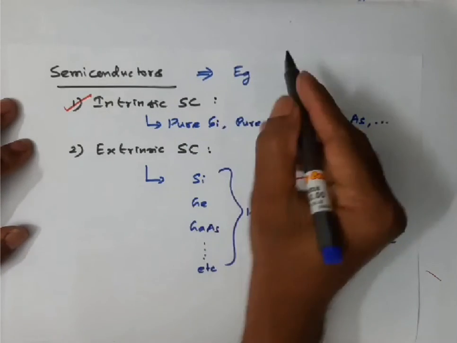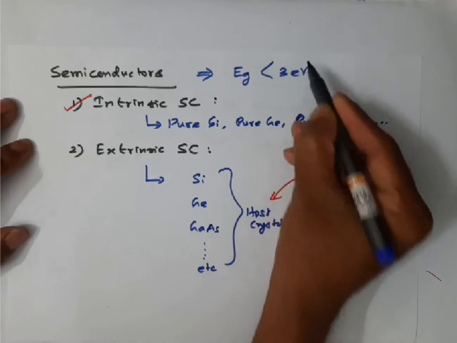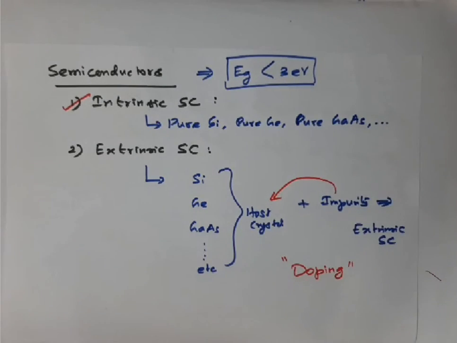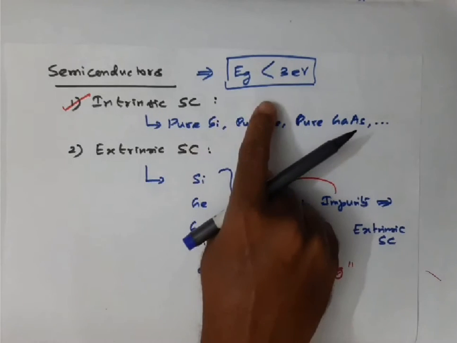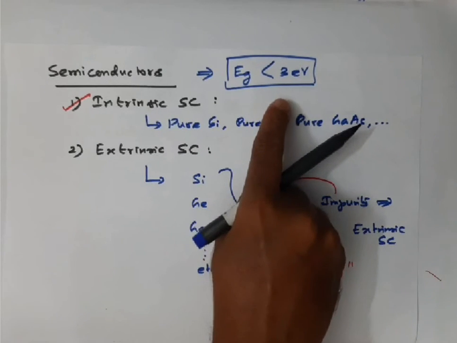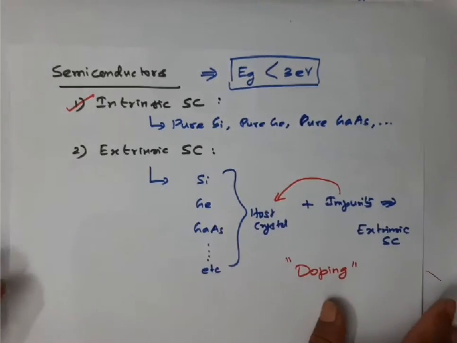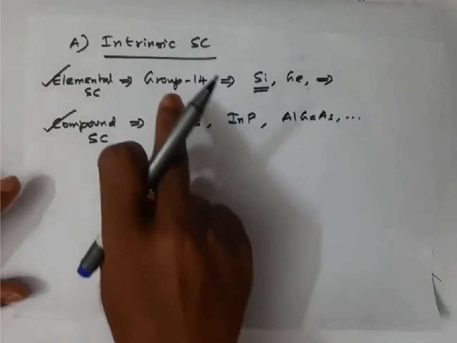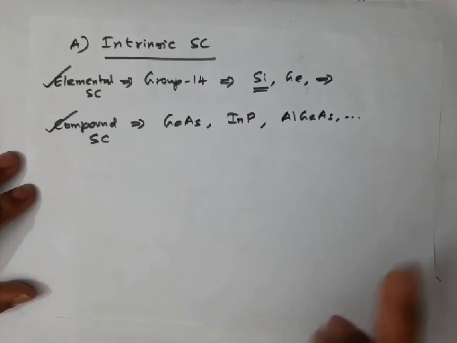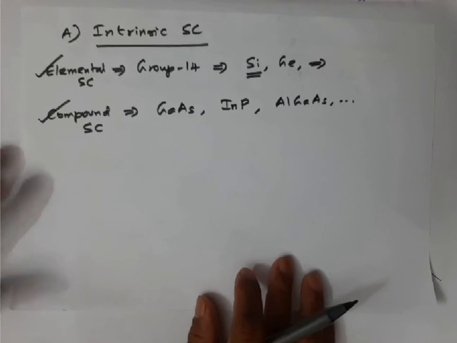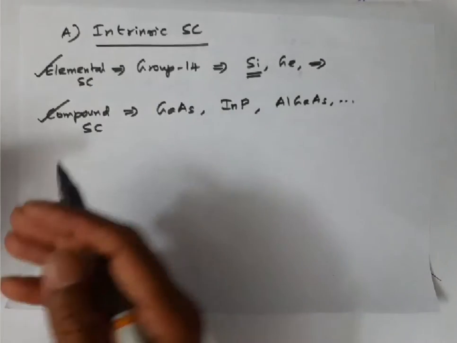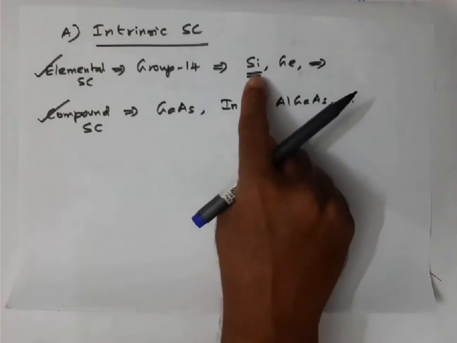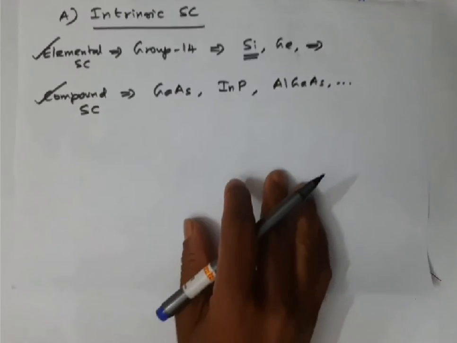Band gap should be less than 3 electron volt. This is very important. For any semiconductor, band gap should be less than 3 electron volt. So in intrinsic semiconductor we have examples with the elemental and with the compounds. Now I will explain how intrinsic semiconductor conducts current, using silicon as example.